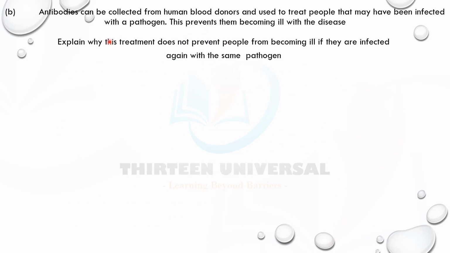Why? Explain why this treatment does not prevent people from becoming ill if they're infected again with the same pathogen. So if you treat somebody with an antibody against a pathogen, just injecting it, like anti-rabies, somebody's bitten by a mad dog that has rabies, or somebody's bitten by a venomous snake like a black mamba, your immune system cannot save you on that day.